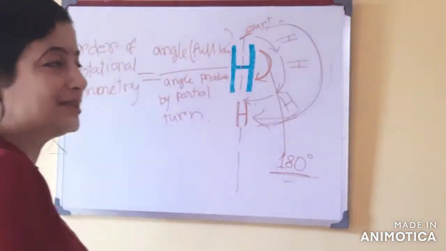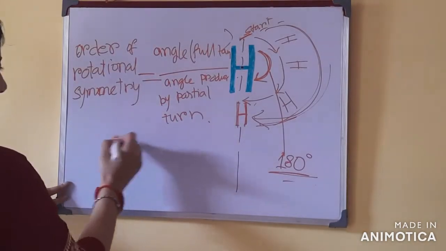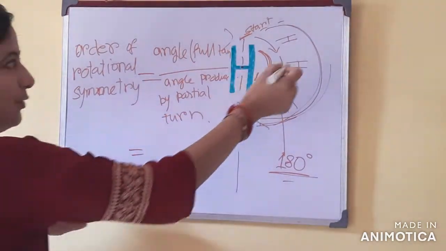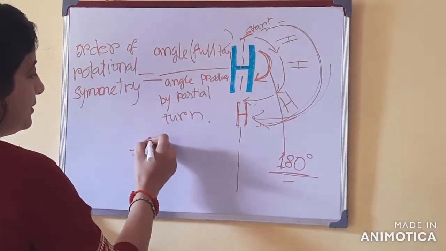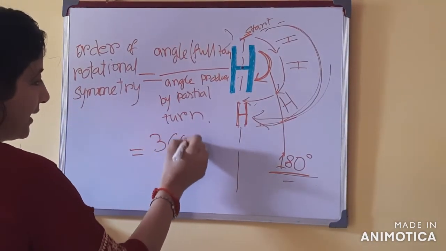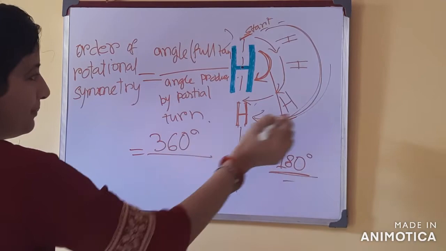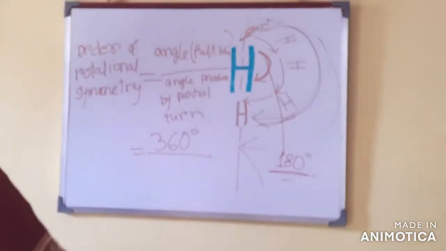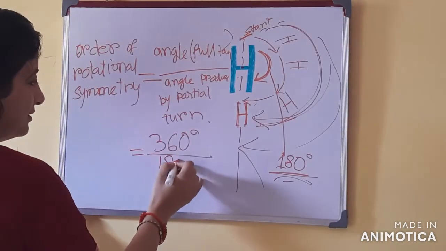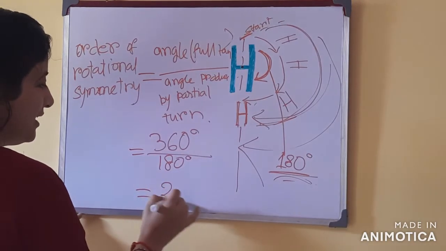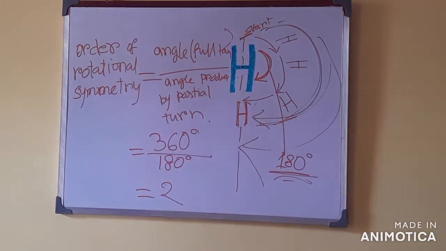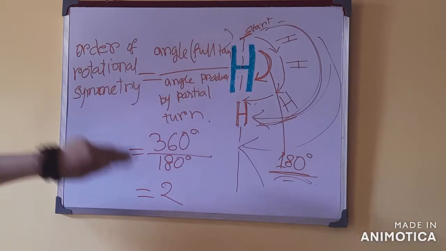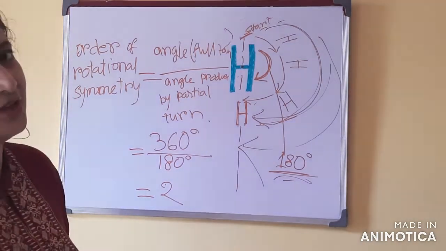And see here, we will find out in this case what will be the order of the rotational symmetry. See here, full turn we have already seen. For full turn we are getting a 360 degree angle, and here for partial turn I am getting 180 degrees. So here the order of the rotational symmetry is 2.